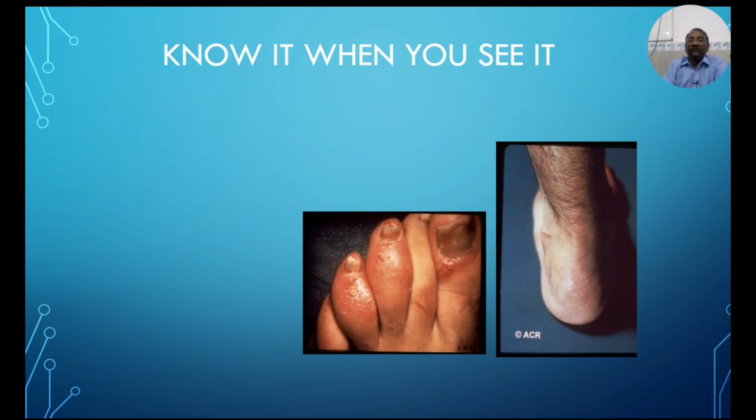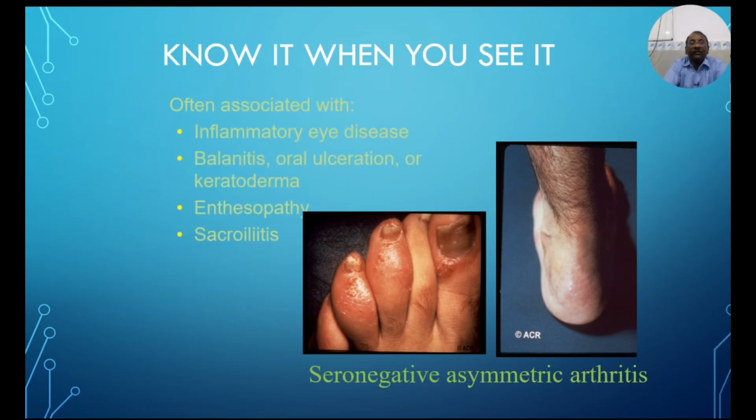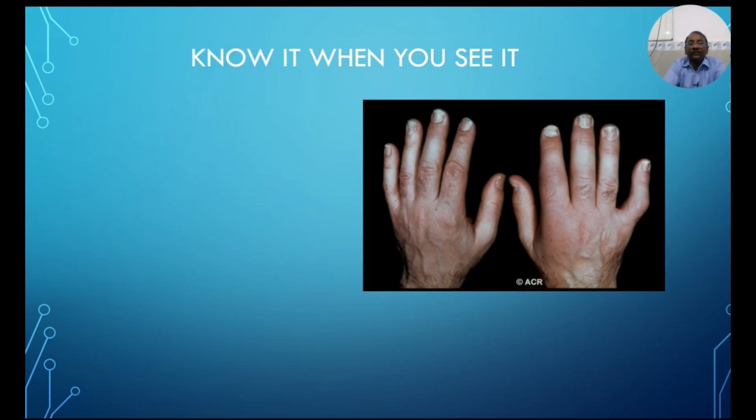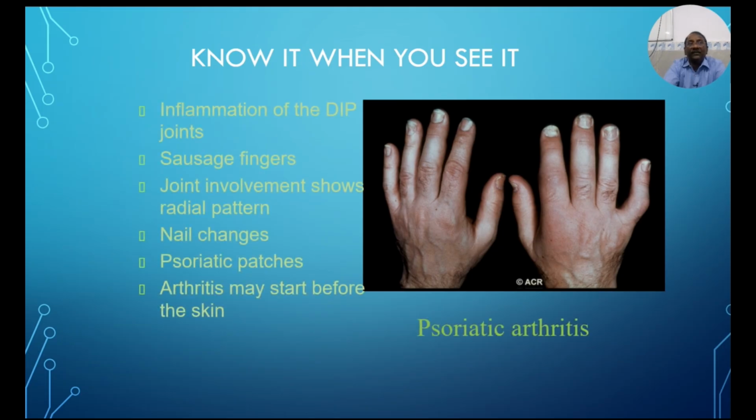See the sausage shape. This is enthesitis. So it's a seronegative spondyloarthritis. See here. See the nails, any changes seen, appreciating nail changes.